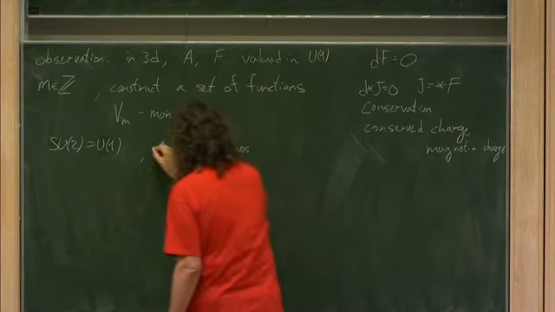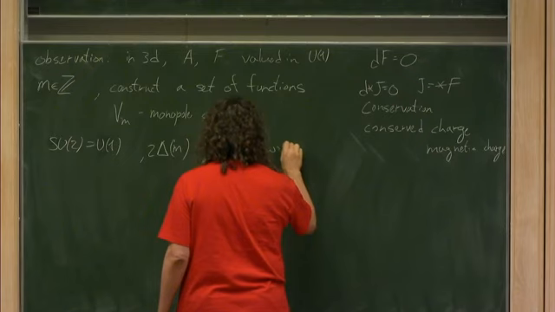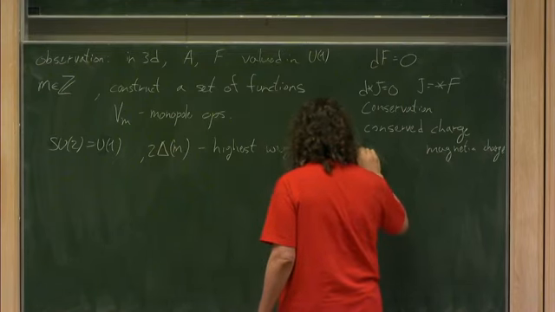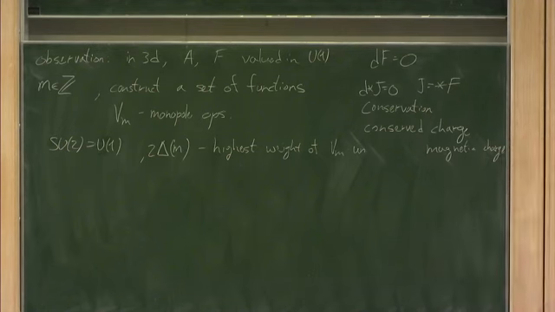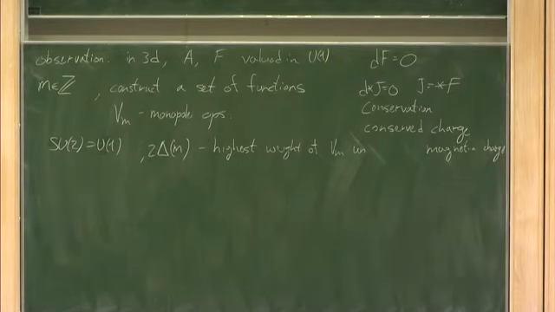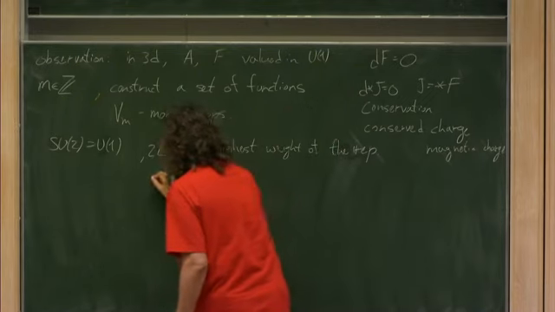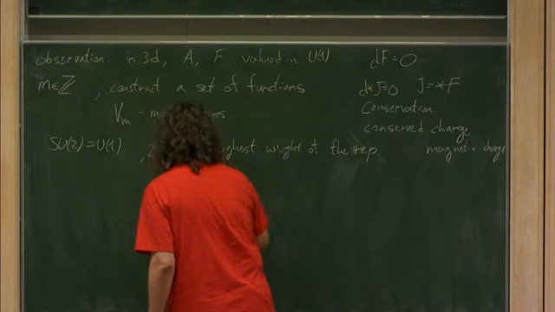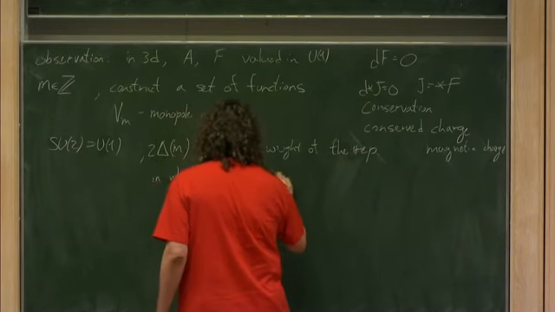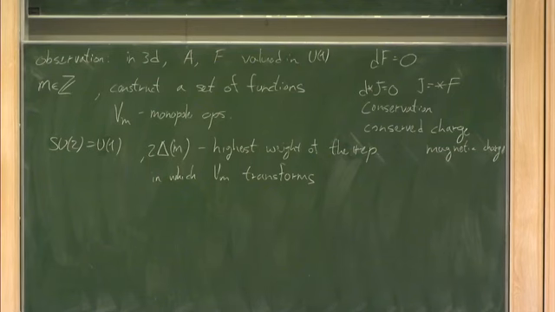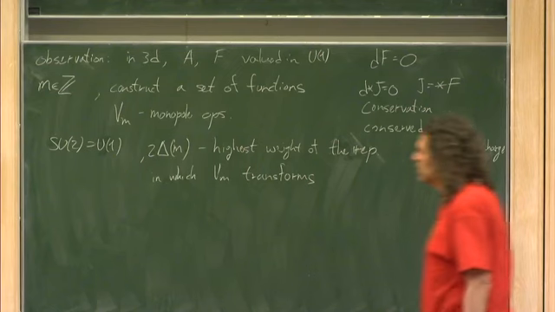In fact, twice delta is the highest weight of the representation in which V_m transforms under SU2. This is very crucial. It's with this delta that we really got the progress in constructing the space of functions.